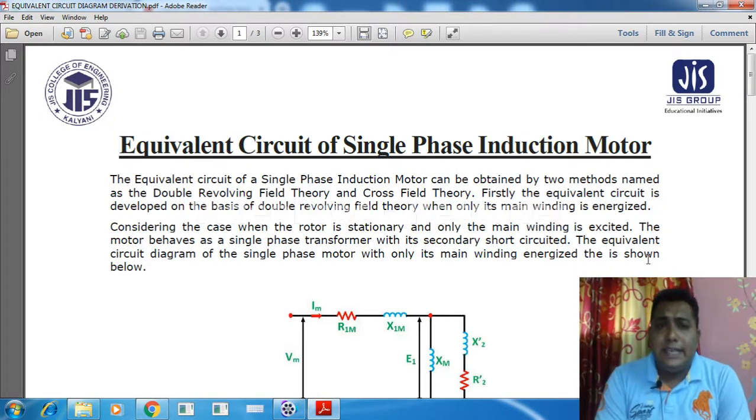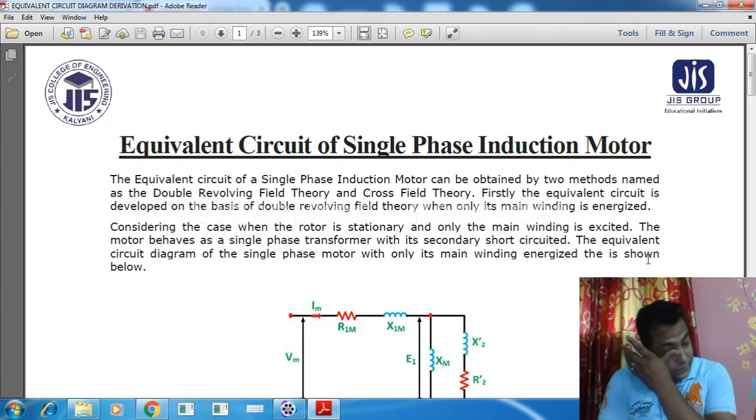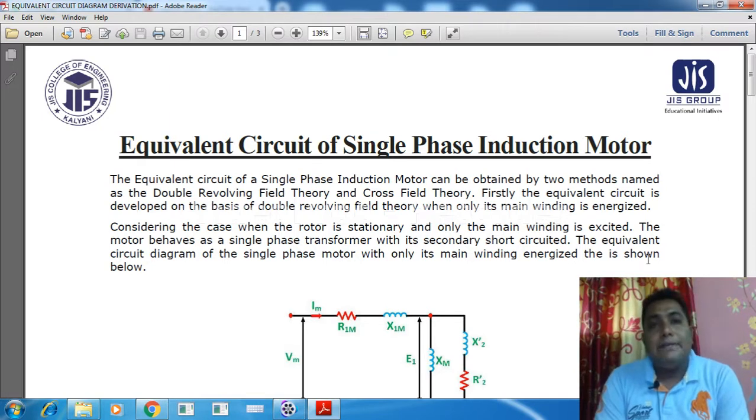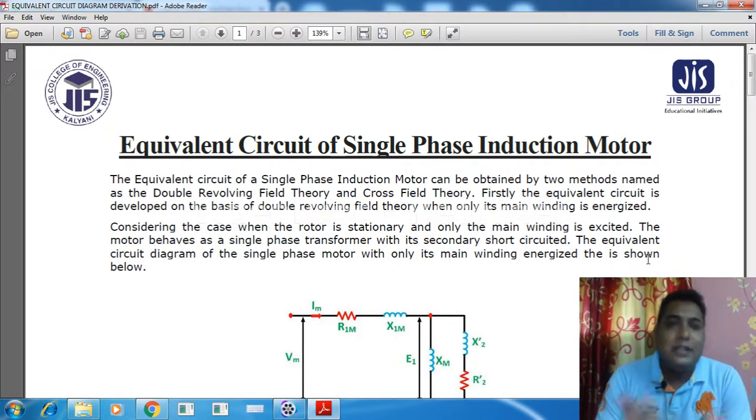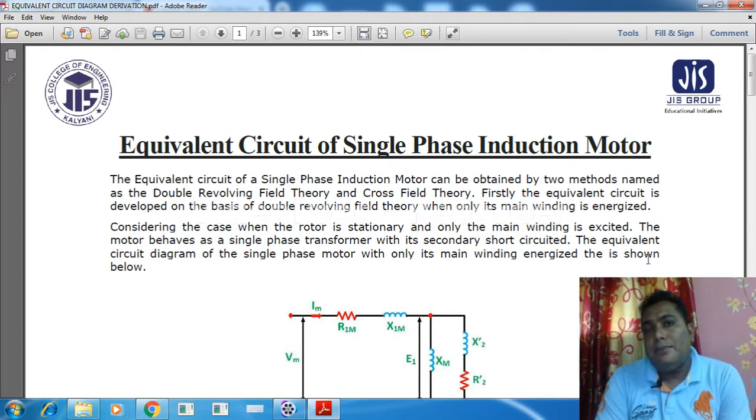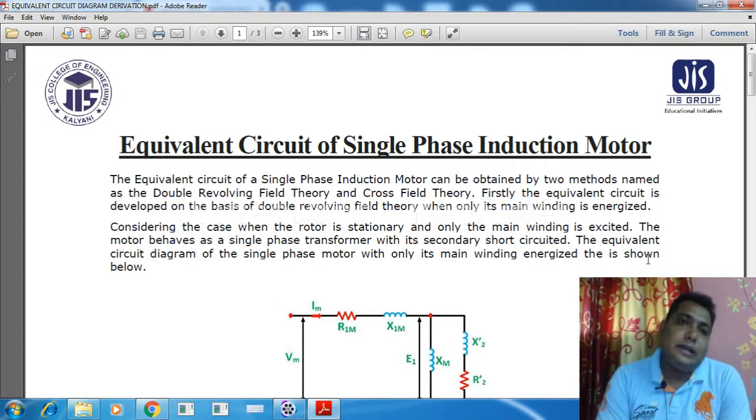As you can see, today's topic is the derivation of the equivalent circuit diagram of the single phase induction motor. In this chapter, previously we have done the constructional part, then the different theories regarding the working principle, that is the double field revolving theory and the cross field theory.